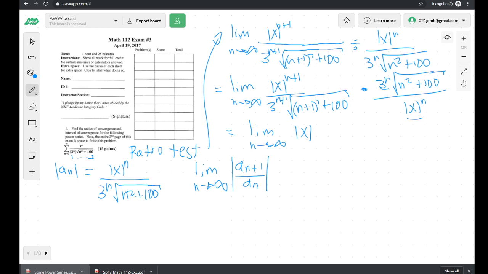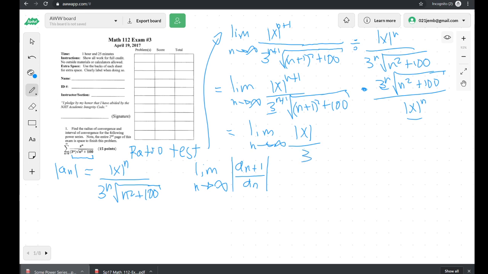Here we have 3 to the n, and here we have 3 to the n plus 1. We can split off a factor of 3 to the first power, but we could simply subtract the powers, and we get n minus n plus 1, which is negative 1. 3 to the negative first power is 1 over 3, so that 3 goes down.